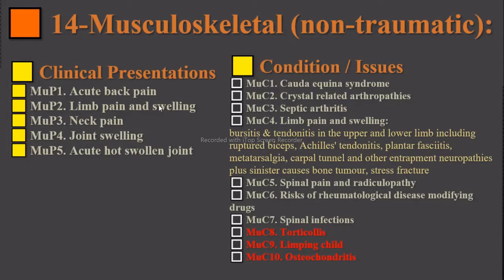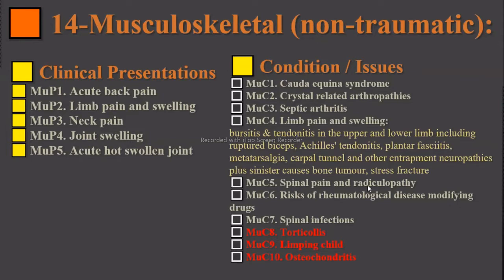So regarding limb pain and swelling, is it crystal-related arthropathies? Is it septic arthritis? And so on. Limb pain and swelling may be bursitis, tendonitis, whatever in the upper and lower limb, maybe ruptured biceps, maybe Achilles tendonitis, plantar fasciitis, and so on. So you have to be familiar with this small differential diagnosis.